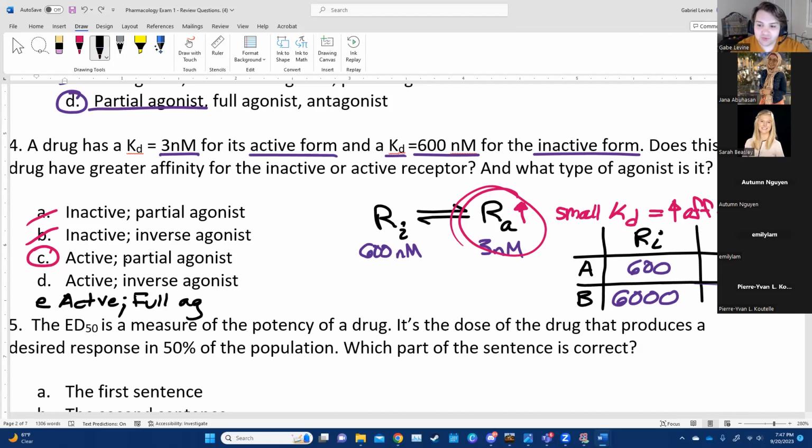If you were given two drugs with both of these affinities, then we would say that B is the full agonist, while A is a partial agonist. Does that make sense? So the better answer would be full, but based on what we had, C.